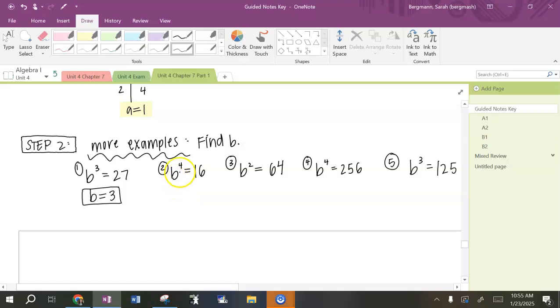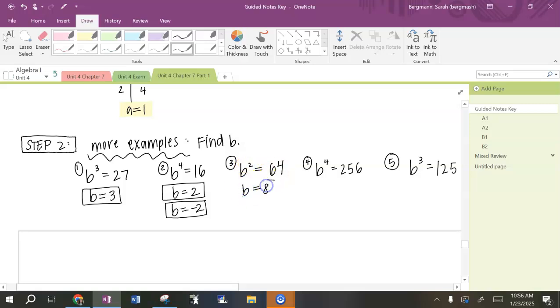The second one, what can you raise to the power of 4 to get 16? The base would have to be 2. It could technically for this one also be -2, because -2 multiplied by itself 4 times would also give you positive 16. The next one, what base can you square to get 64?